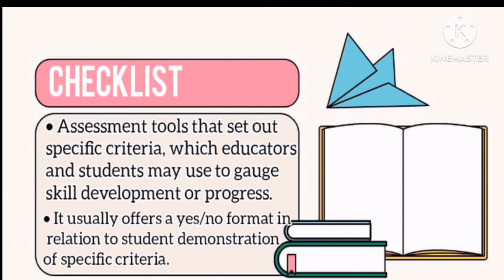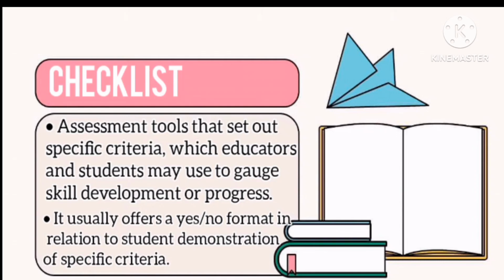So checklist is an assessment tool that sets out specific criteria which educators and students may use to gauge skill development or a project. It allows the teacher and students to gather information and to make judgments about what the student knows and can do in relation to the outcome.